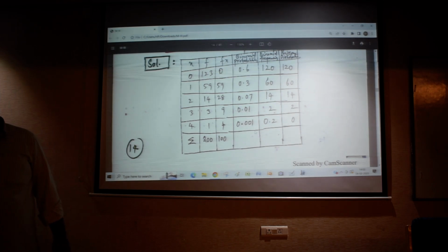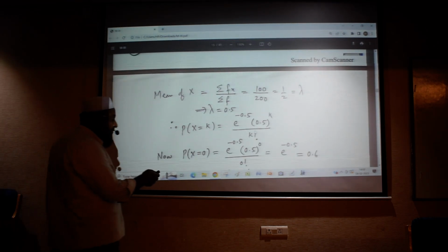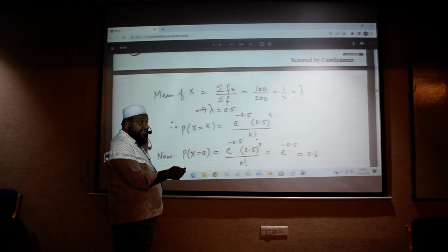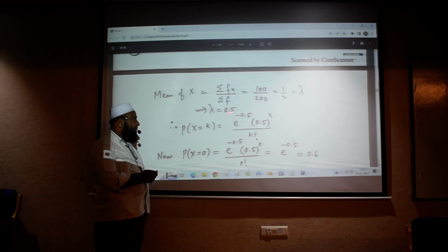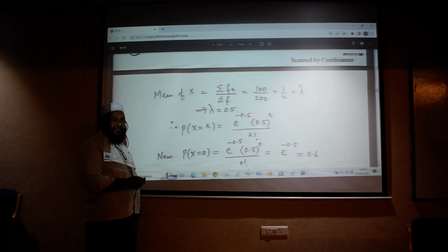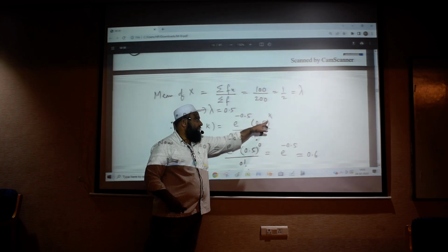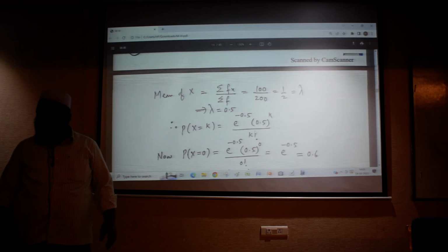Mean of x is sigma fx by sigma f, that is 100 by 200, 1 by 2. This is lambda. So lambda is 0.5. What is the formula for finding the probabilities? E power minus 0.5, 0.5 power k, divided by k factorial. Are you noting? Okay, good. Now we have to calculate what?